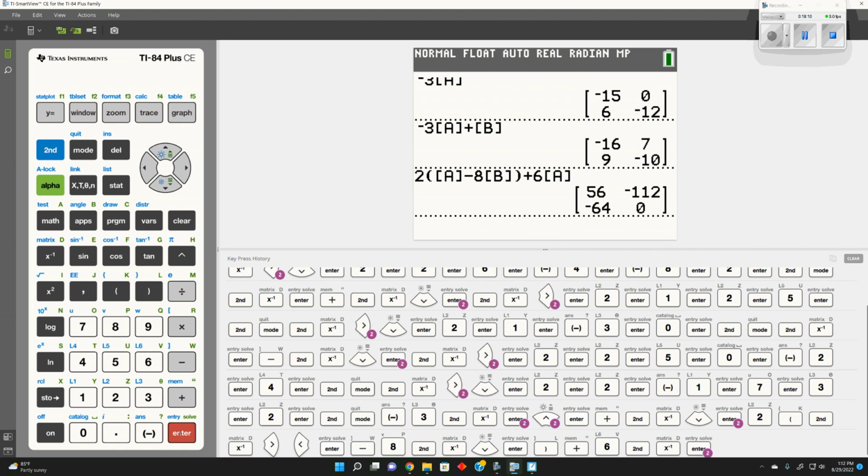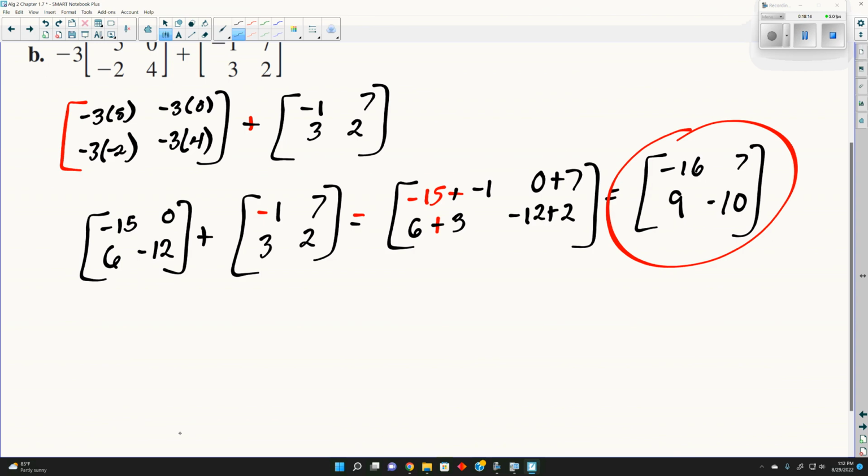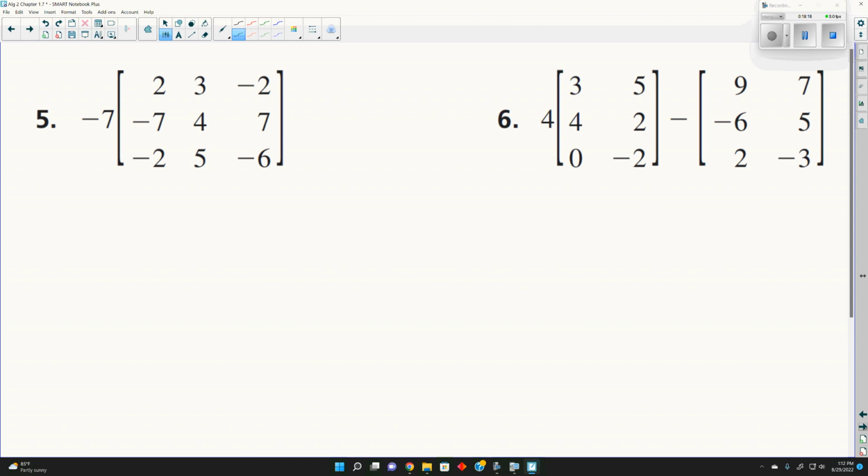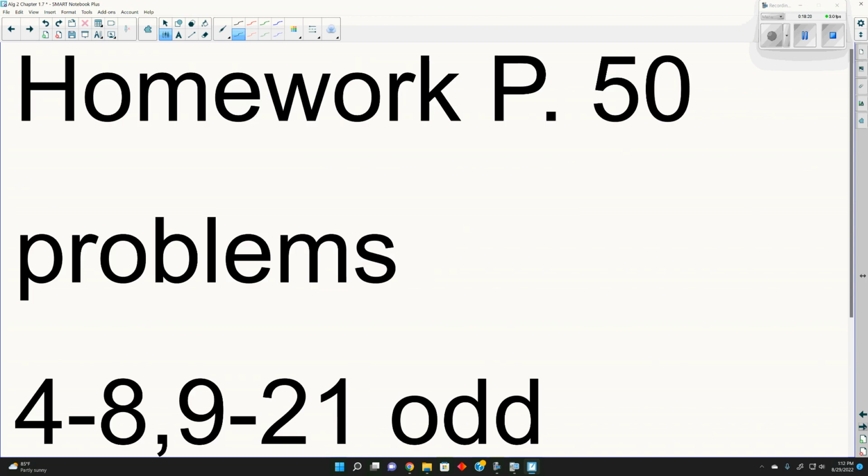So, to each their own on which one you want to use. Any questions on any of this here? And that's it. And that is it for chapter 1.